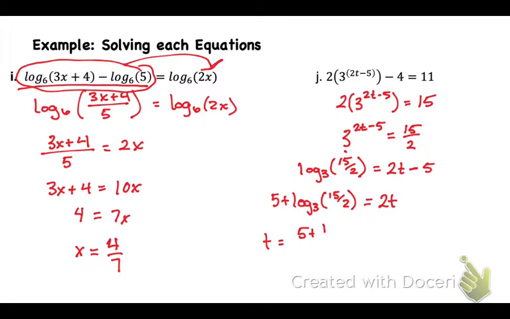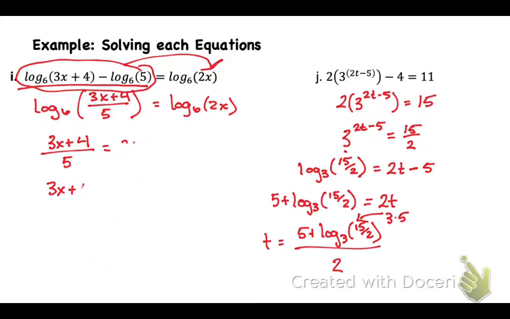Now, if we want to, I'll just do this first. Log base 3. Okay, so we're good. But this is 3 times 5, yes? I got 6 plus the log base 3 of 5 minus log base 3 of 2 over 2 equals t. I'm going to erase this last problem so I have room to go.